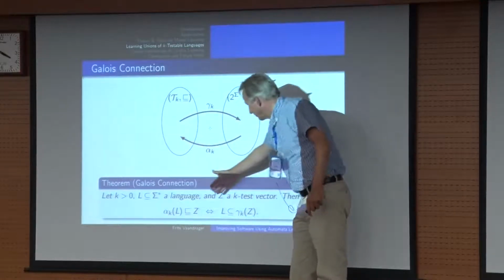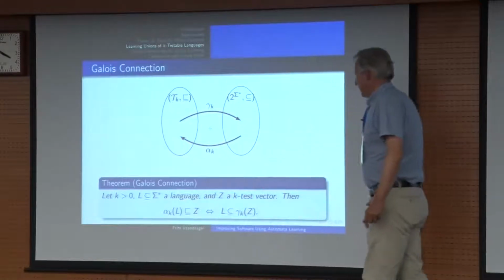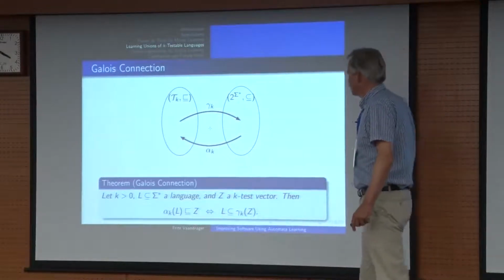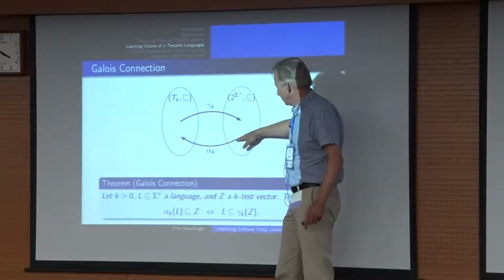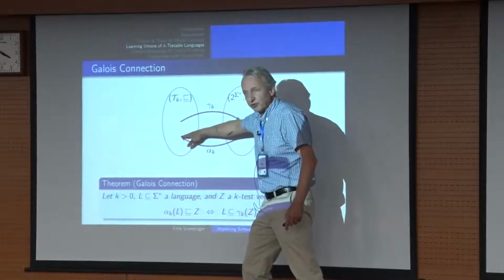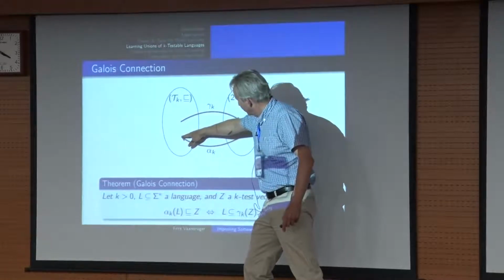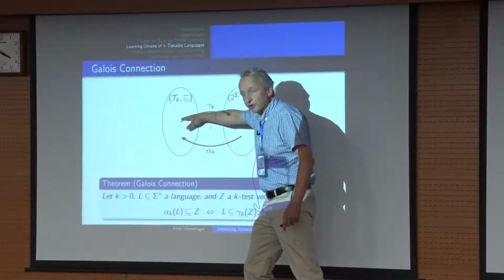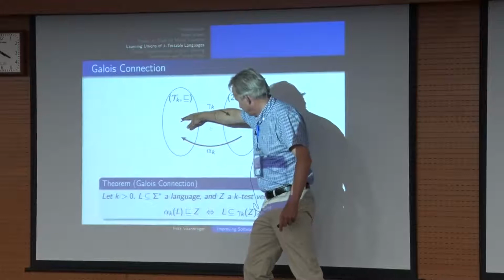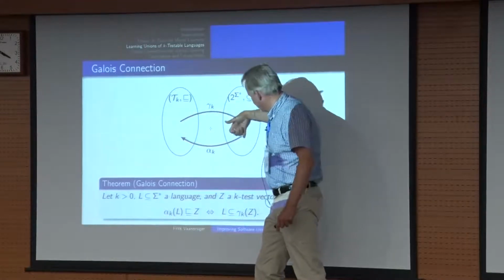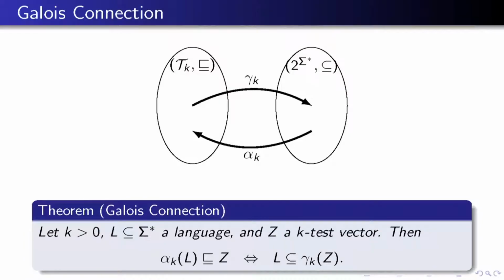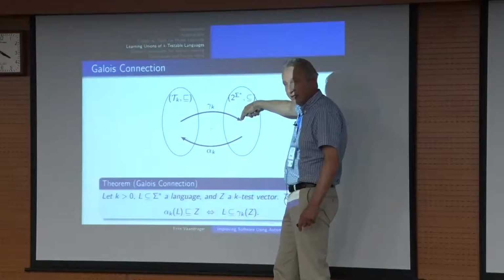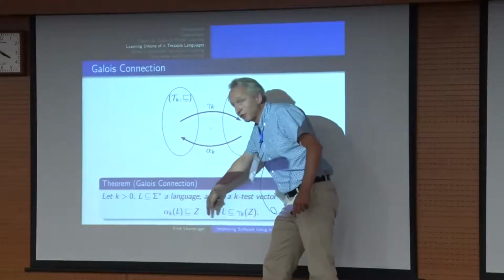And then we have this unique property: if we take a language and compute its associated test vector, and that test vector is less than some other test vector z, then the original language will be below the language obtained from that test vector. This is an if and only if.